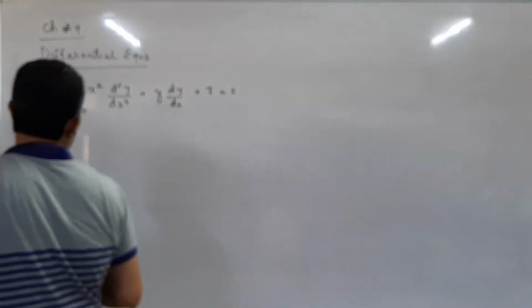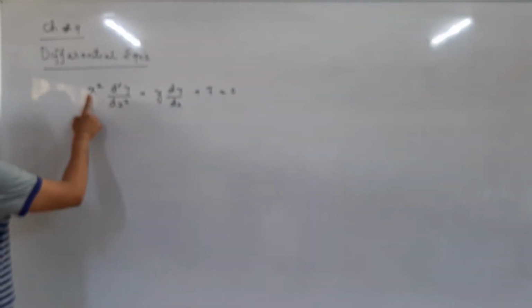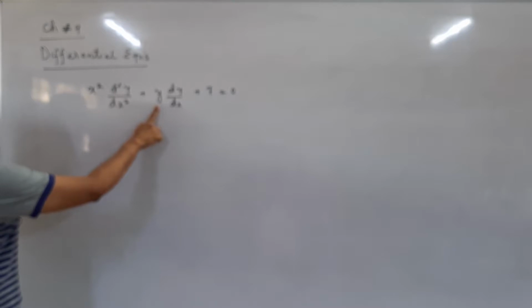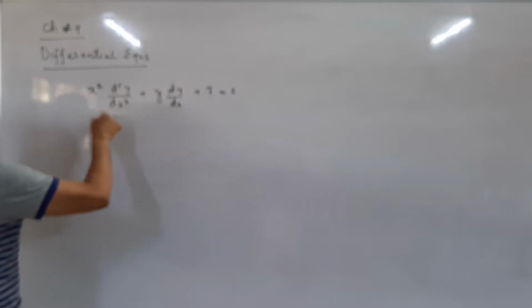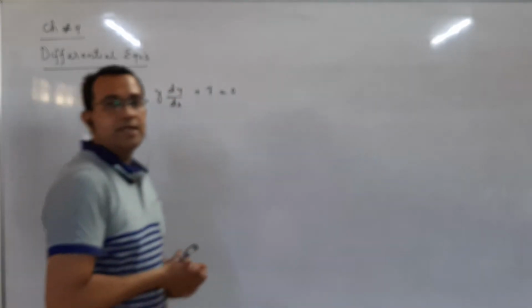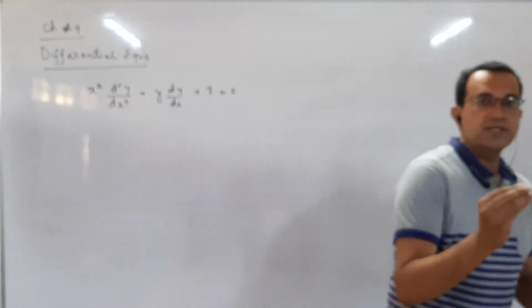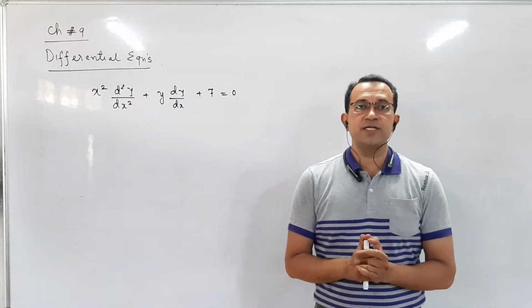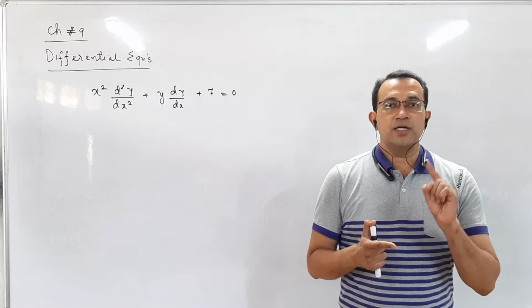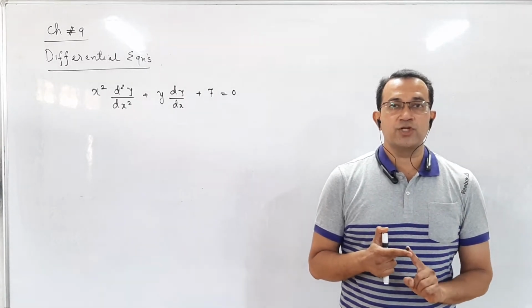Check. This equation involves independent variable x, dependent variable y, and derivative of y with respect to independent variable x. Then such an equation, students, is called a differential equation.